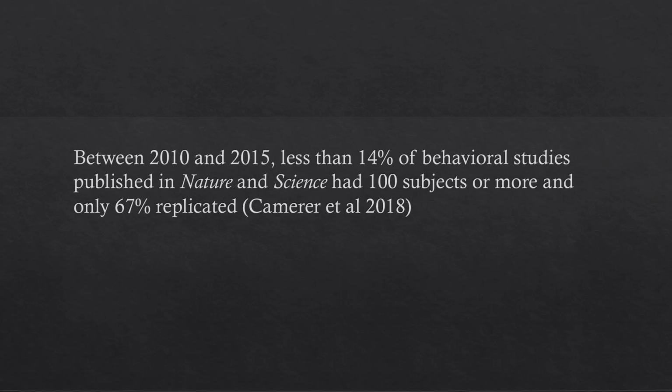Now, many of them were not too far underpowered, but the number of subjects was related to replicability. So the more subjects you had, the more likely it was that it would be replicated. But what this does is point to the relationship between the number of subjects and the quality of your science. The more subjects you're able to get, the less likely you are to get a false positive or a false negative.